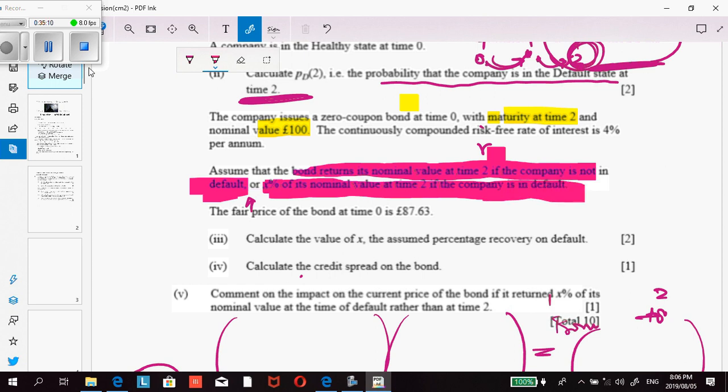Now this is a payoff because we're going to get its nominal value if it's not in default, or X percent of its nominal value if it's in default.